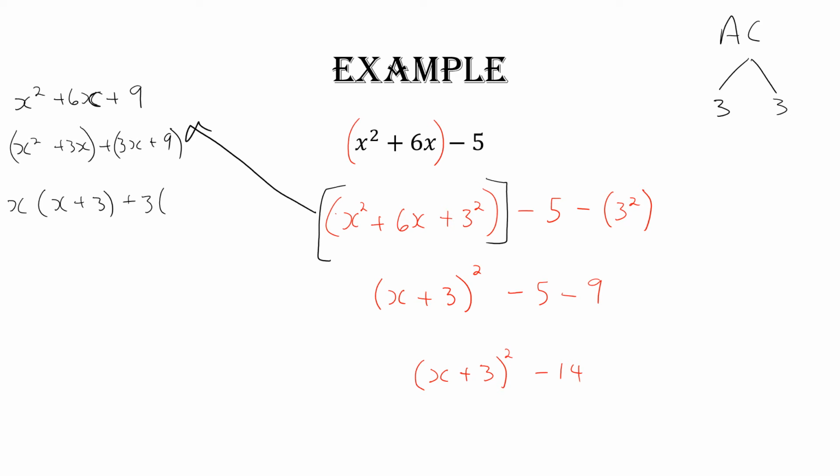So here I'll end up with x plus 3, which is the same as x plus 3 and x plus 3, which ultimately is the same as saying x plus 3 all squared, which is what we have here.